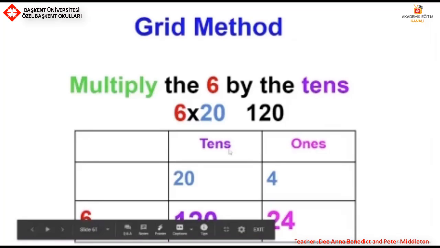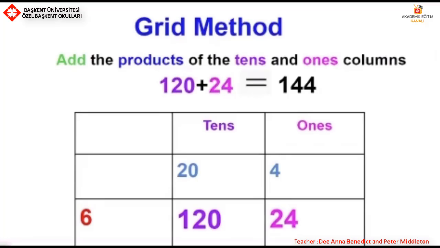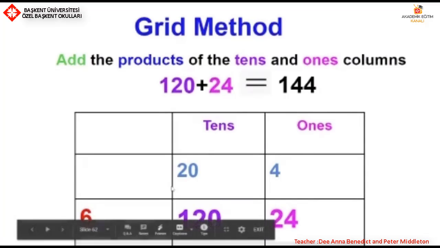Now, you will multiply the 6 by the tens column. 6 times 20 is 120. Next, you will add the product of the tens and ones columns.